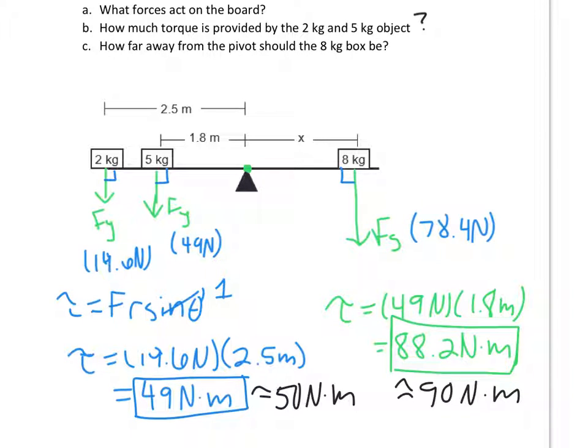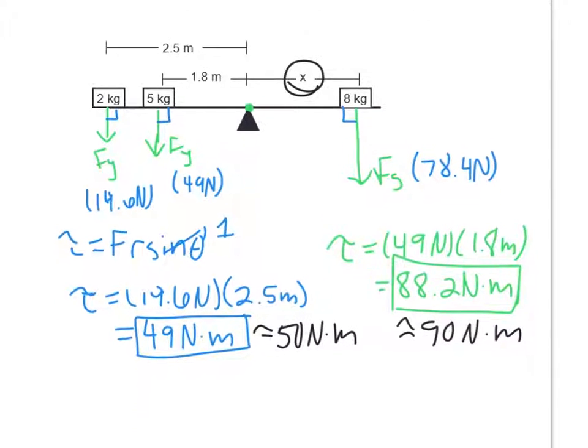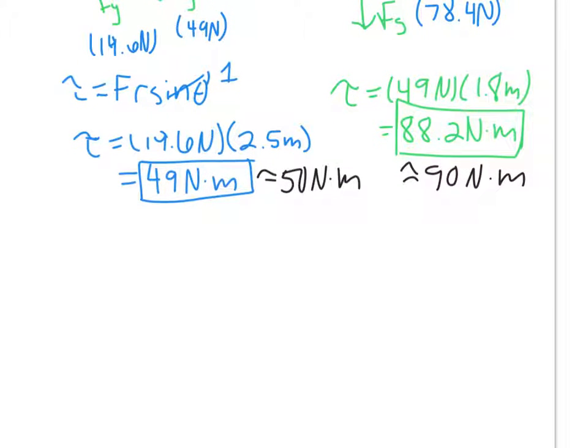Okay, the last thing is asking how far away from the pivot should the 8 kilogram box be. So we're solving for x, which is the distance from the object to the pivot. So to solve this, we know that it has to be at rest, which means that your net torque is equal to 0 newton meters.